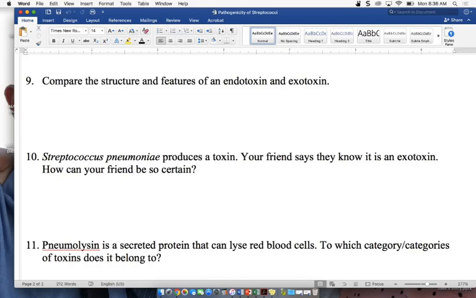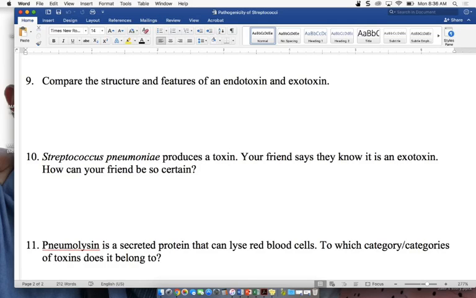Okay, endotoxins are lipid, exotoxins are protein. What else? Endotoxins are less virulent, while exotoxins are stronger. Good, and perfect.